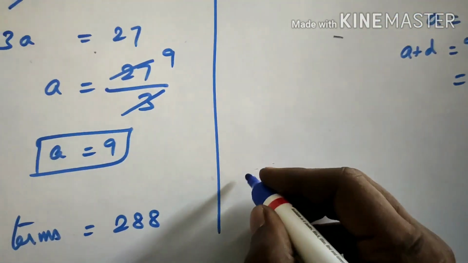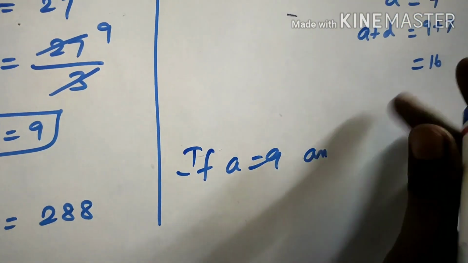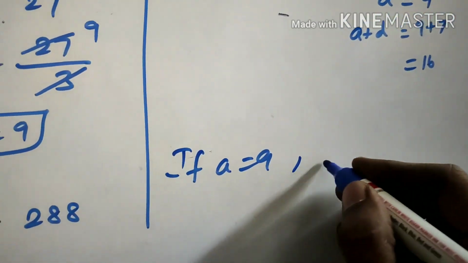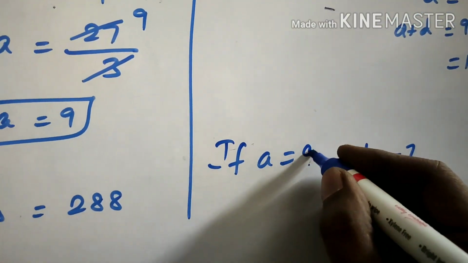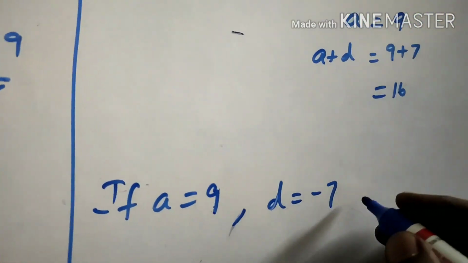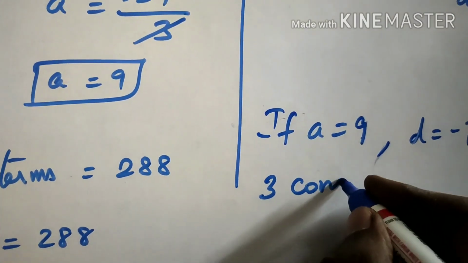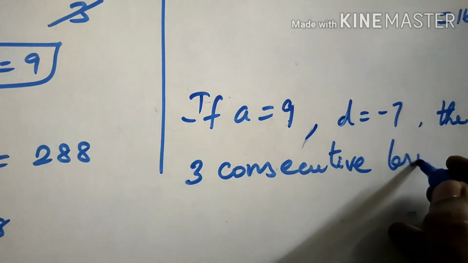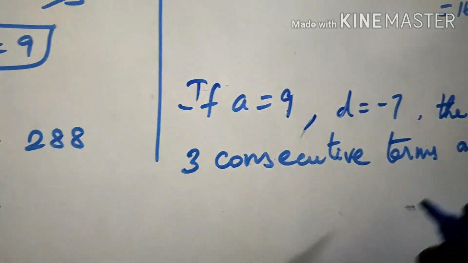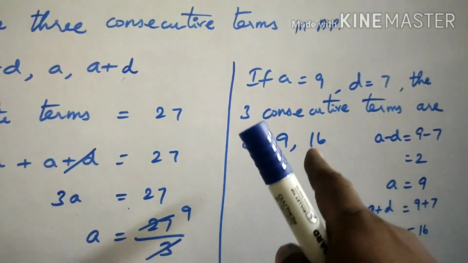So here, if a equal to 9 and d equal to minus 7, the 3 consecutive terms are, what you do, you just write in the reverse order, 16, 9, 2.